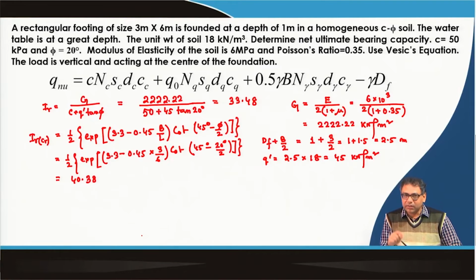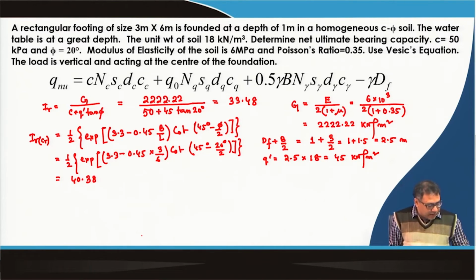The rigidity of the soil is very close to the critical value. If IR is equal to IR critical, then the correction factors will be 1. As these values are very close to each other, the correction factors are expected to be very close to 1. If the difference is more, then the value will be less than 1. Here it will be less than 1, but very close to 1.